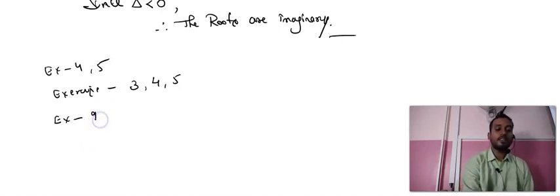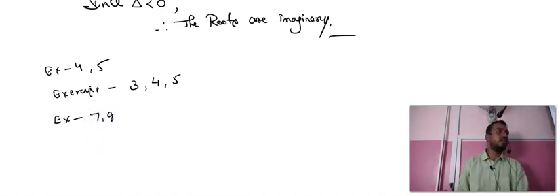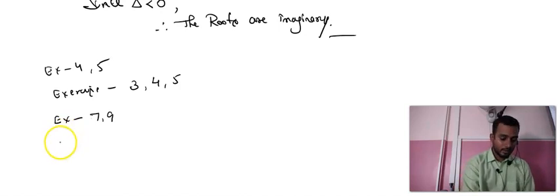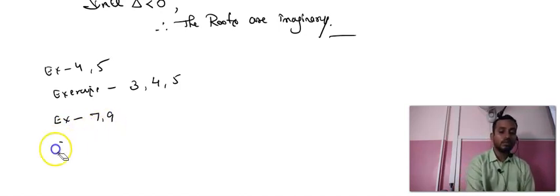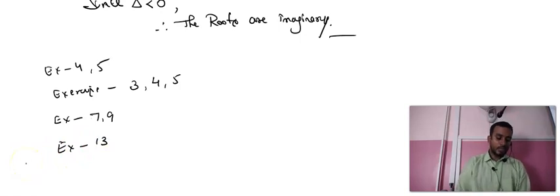Along with that, example number 7 and 9, just 2 sums enough based upon this topic. And then example number 13. Better you can try all the 3 sub problems which are given in that.